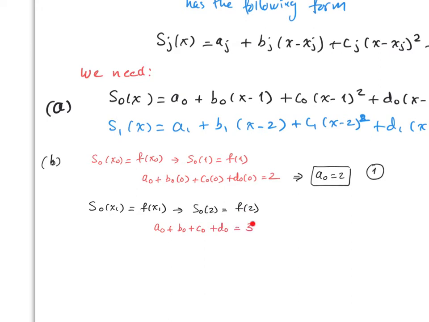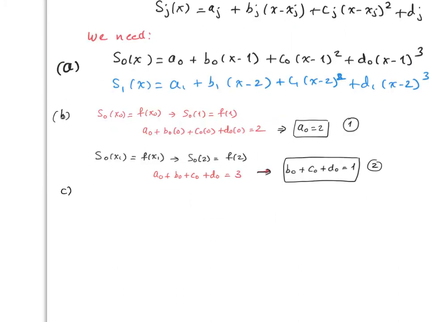Why? Because f of 2 is 3, and if we plug in 2 in here, 2 minus 1 is 1, and we end up with this. So therefore from here, we end up with the following equation, b0 plus c0 plus d0 is equal to 1. Remember that a0 is equal to 2, so if you move this to the side, you will get the 1. And this would be equation number 2.